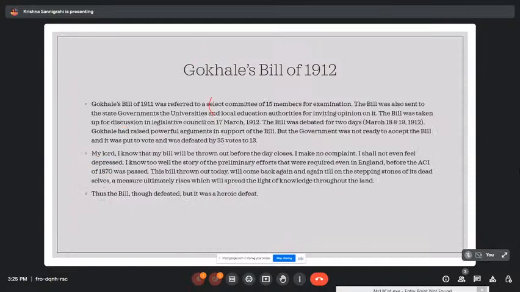And it was referred to a select committee of 15 members for examination. The bill was also sent to the state governments, the universities and the local education authorities for inviting opinion.